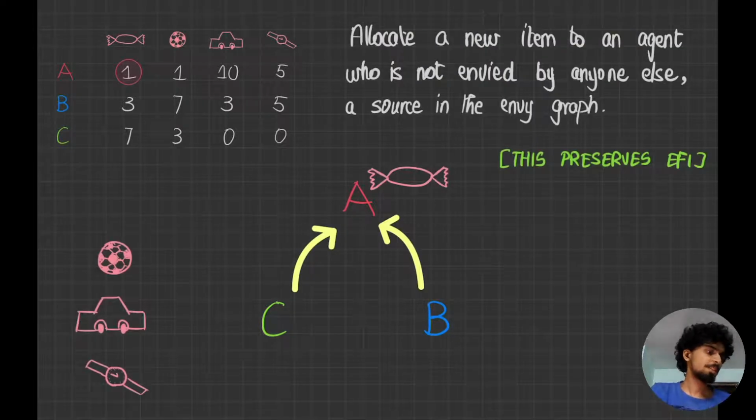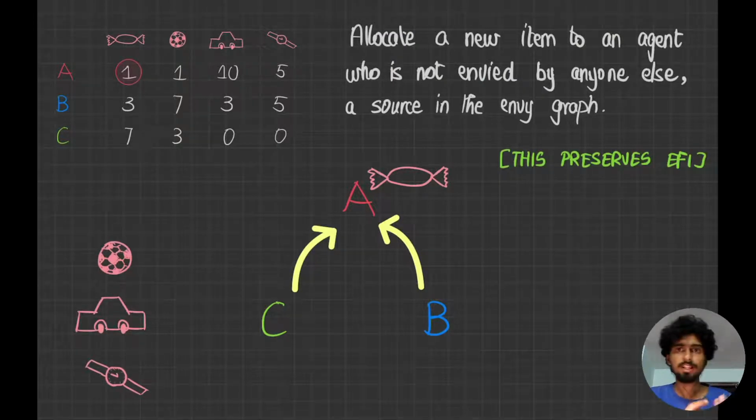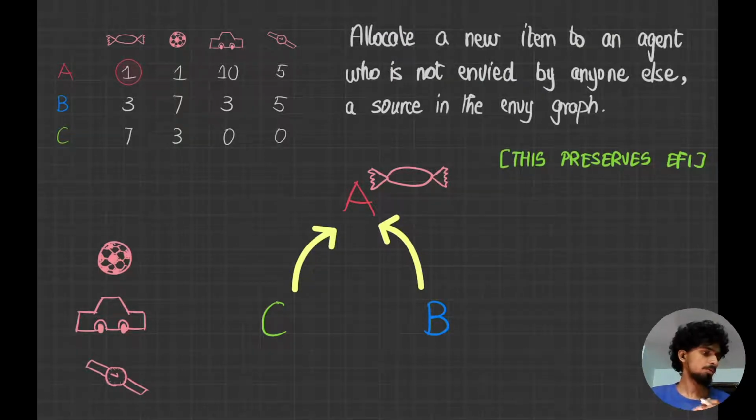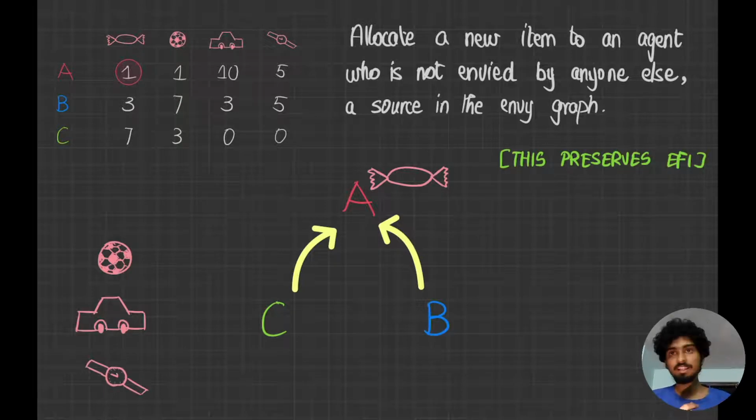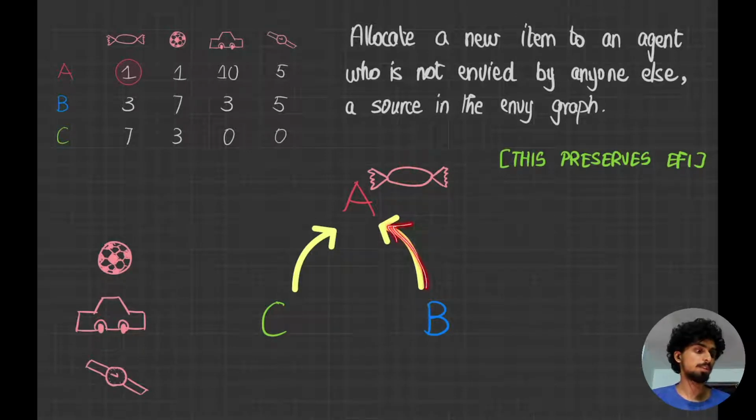Start by allocating some item to someone. Let's say you give the toffee to the adult. Now the boy and the child are going to envy the adult because they have nothing but the adult has the toffee. And this allocation is EF1 because if you remove this toffee, this envy goes away and this envy goes away as well.